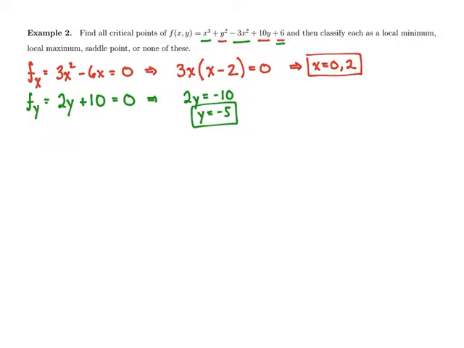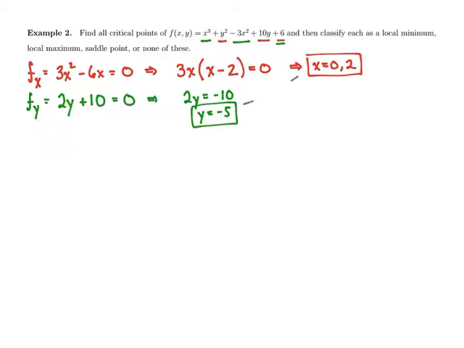We know that in order to satisfy both equations, x can be either 0 or 2, and y has to be negative 5. So I'm going to put that in words just to say what that means. This is not a necessary step, but just to understand this.